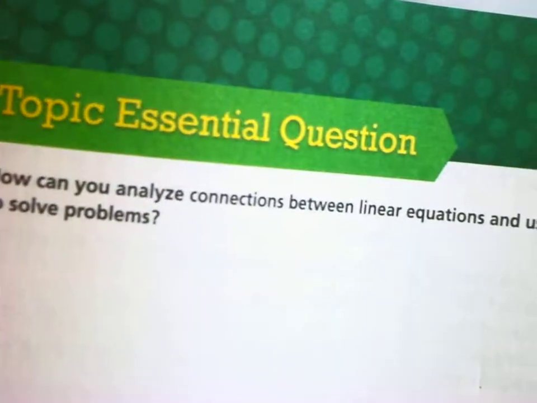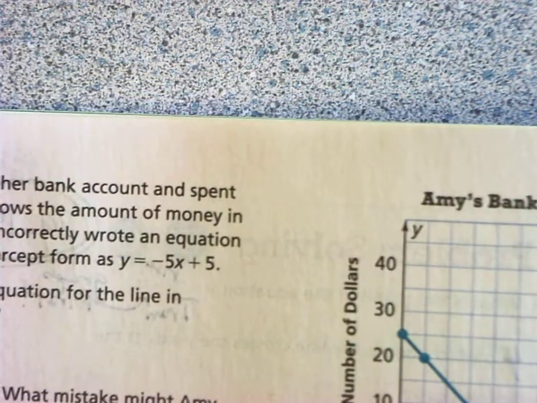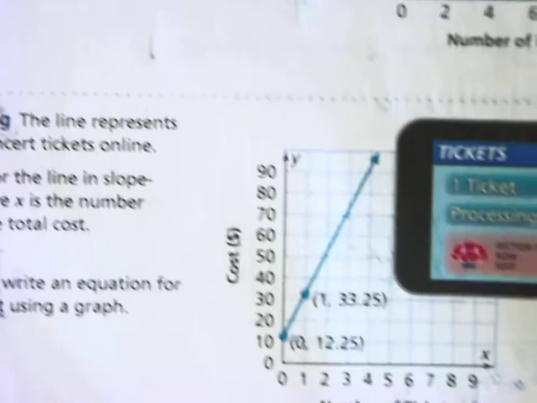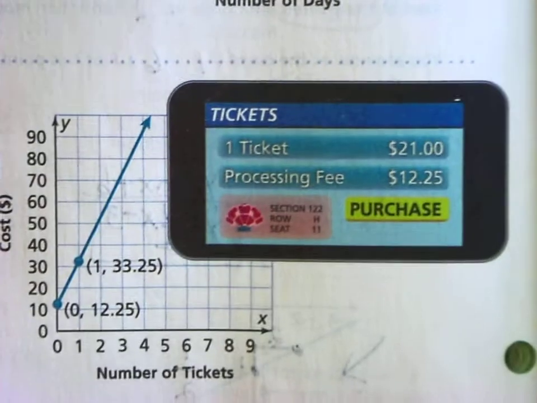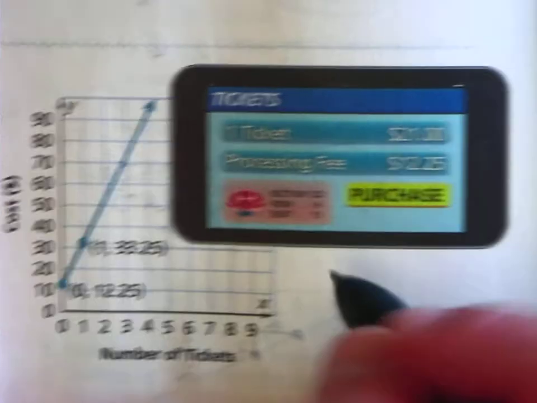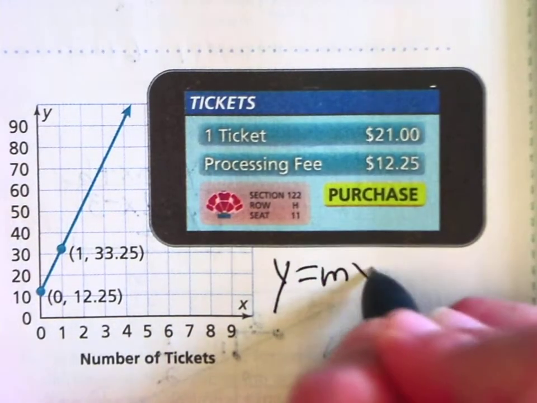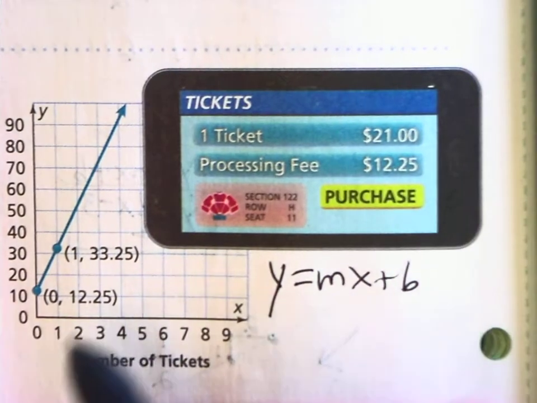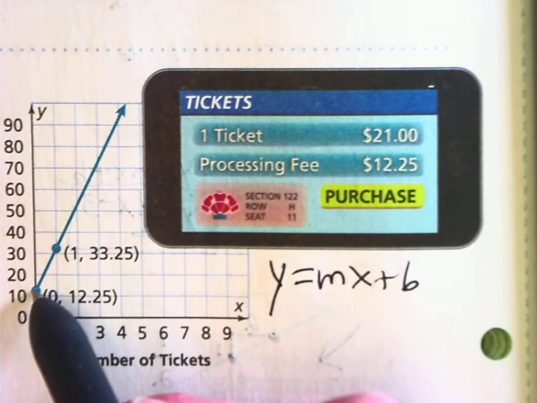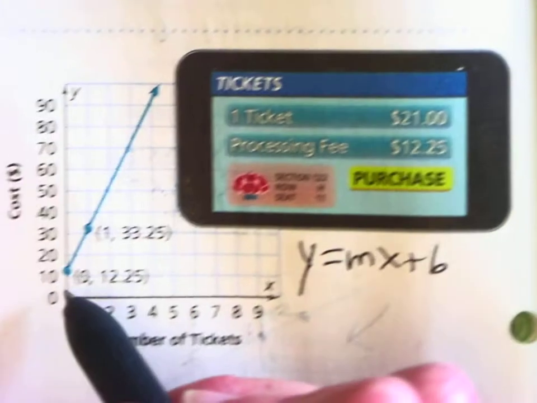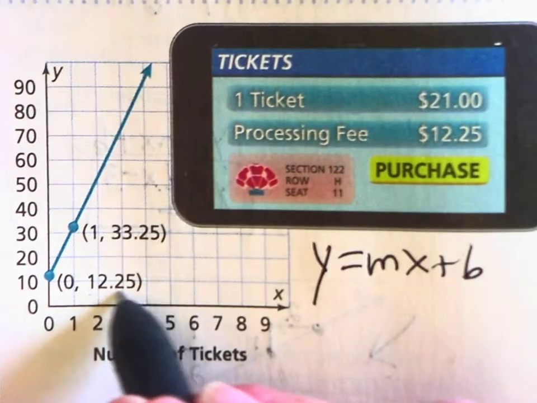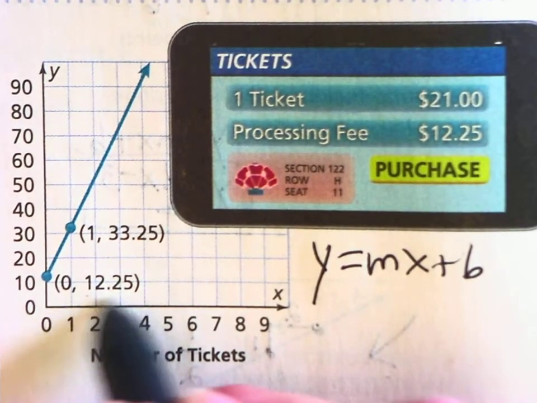Okay, let's try a couple more. So turn to the back side, page 146. Okay, let's take a look at that same kind of problem. So let's write the equation for this, slope-intercept form. So this is actually telling you that that point right there that's touching the y-axis is $12.25.